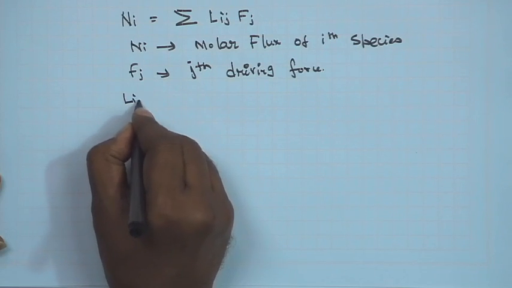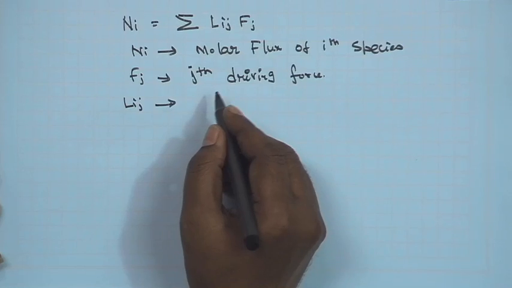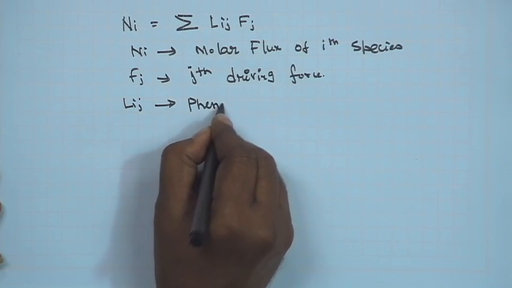And the constant L_ij, as we have discussed earlier, is the proportionality constant, and that is nothing but the phenomenological constant.